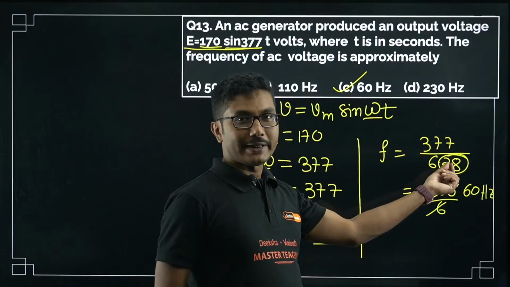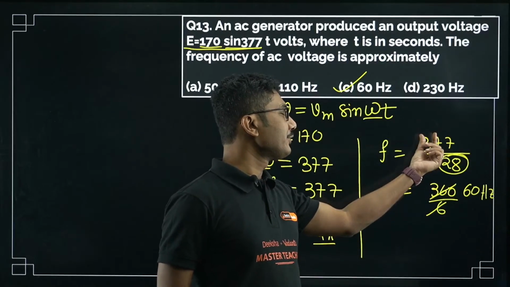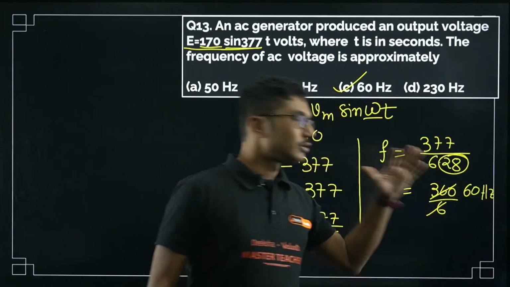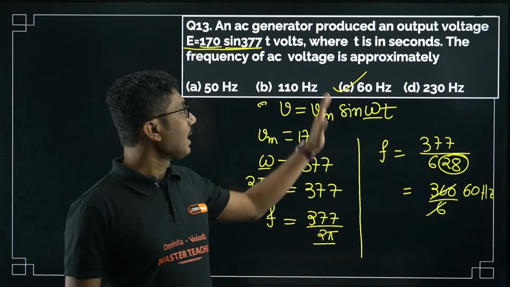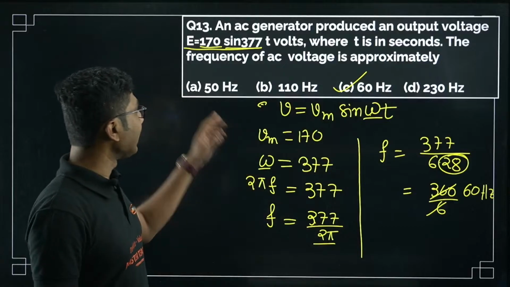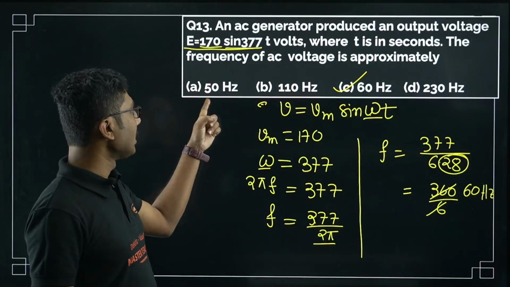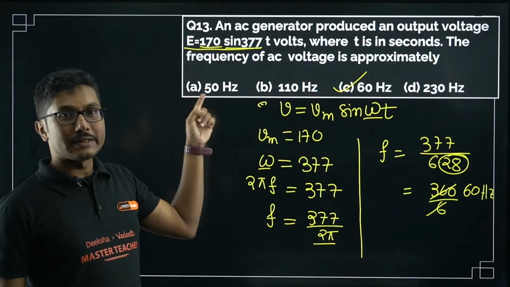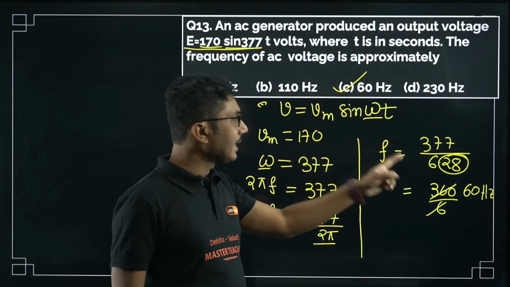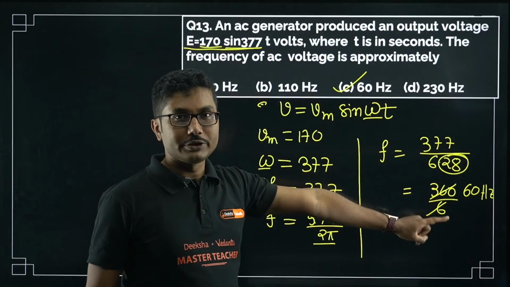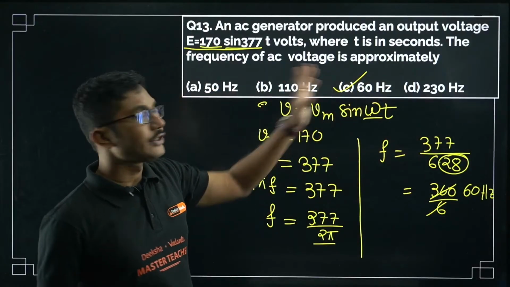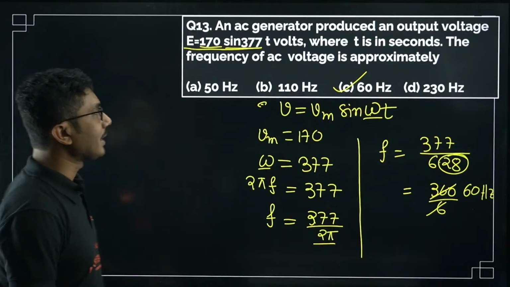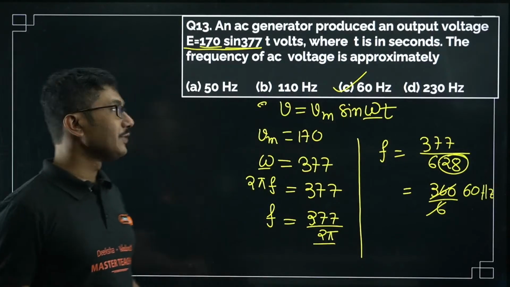Because there is a 0.28 in the denominator, you have to reduce the top, reduce the bottom, so that you get a complete number. According to the given answers, the only other candidate is 50 Hertz. These are all very high numbers, so the only other candidate is 50 Hertz. But as you can see, 60 is closer to this number than 50, so 60 will be the answer. This is how you can solve even if you are not using calculators.